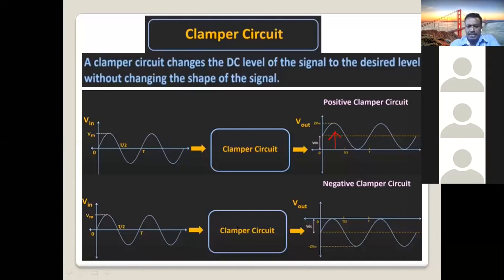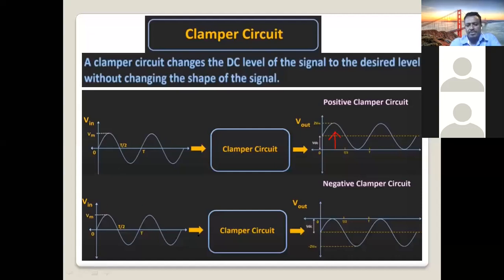This circuit is called a negative clamper. Same signal, by the way, you can apply any type of signal, applied to this clamper circuit. Now the signal, instead of shifting up, is shifted down. So this type of clamper circuit is called a negative clamper circuit.